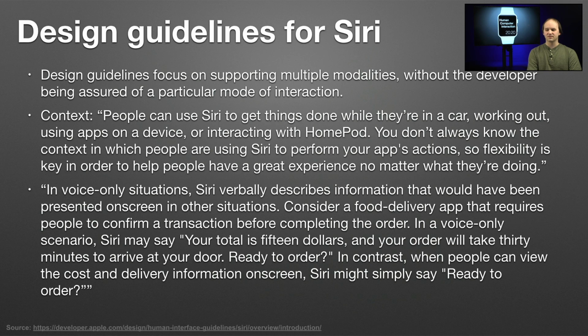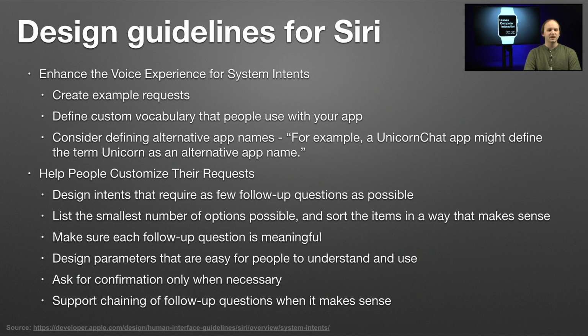So Apple spends some time discussing guidance related to that. Again, we see some of the same things that Amazon discussed, and within Apple's guidance, things as simple as being prepared for people to not use an exact name or phrase, and using alternatives. So we see a lot of the same stuff here. I won't go through all of this in detail. If you're interested, you can check out Apple's design guidelines for Siri.